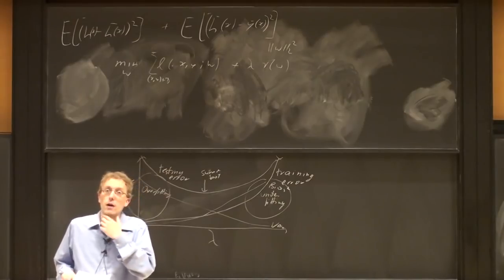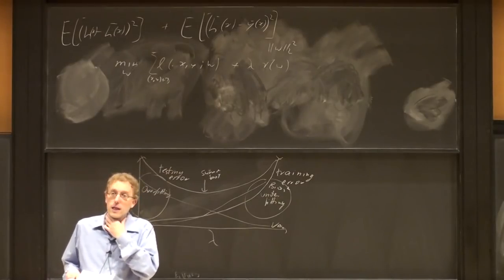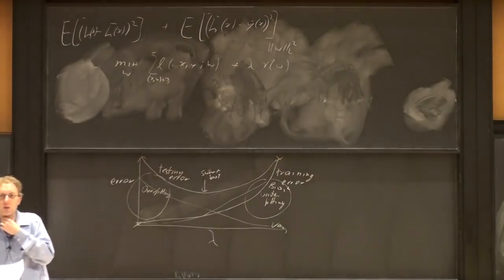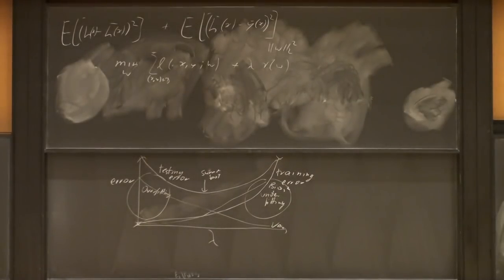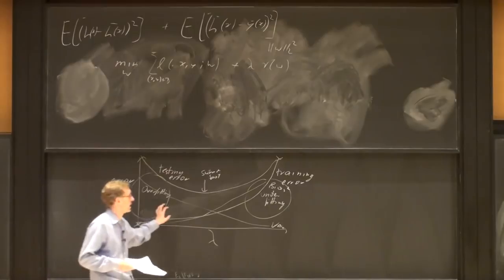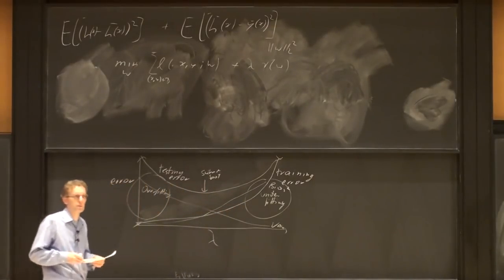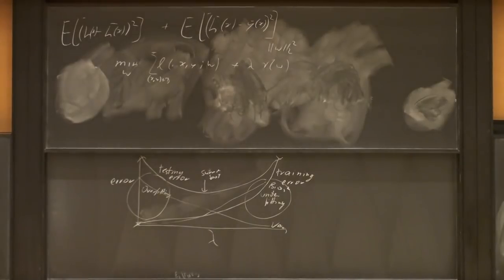So the question is, what happens if you make the wrong assumption about the regularizer? For example, you can have Gaussian noise, then you get the L2 regularizer, and so on. The curves look similar, but you can actually get affected by how quickly the bias here rises. Very good question. Any other questions?